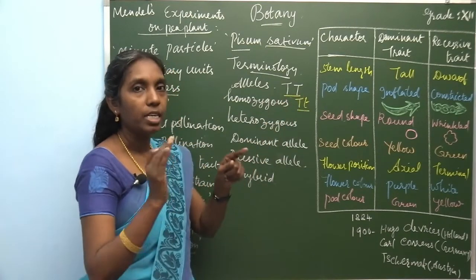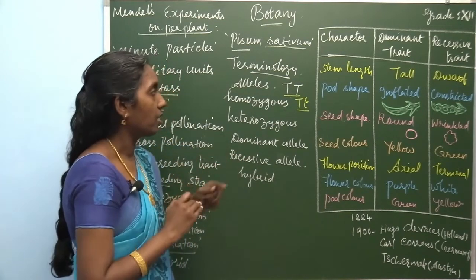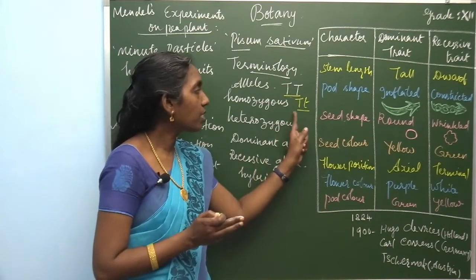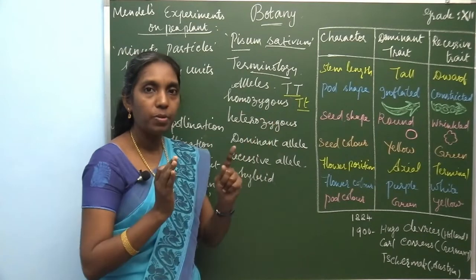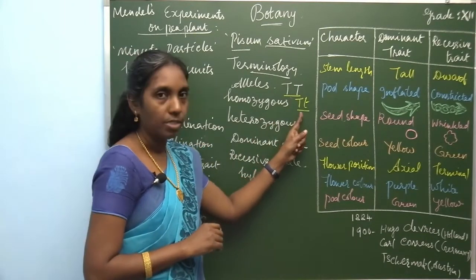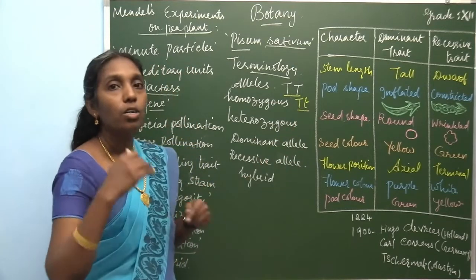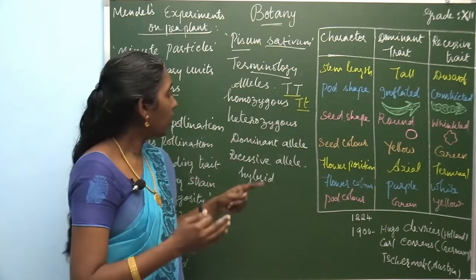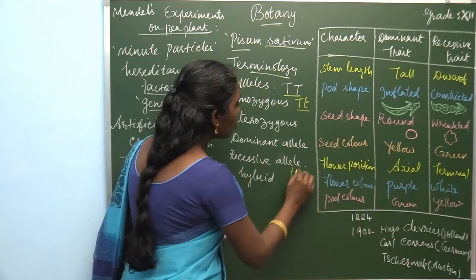These two, capital T and capital T, are homozygous, the same character. And these are heterozygous, which contain two kinds of gametes, capital T and small t. The capital letter represents the dominant and small t represents the recessive. So this is heterozygous. This capital T is the dominant allele and the recessive allele is represented as small t.